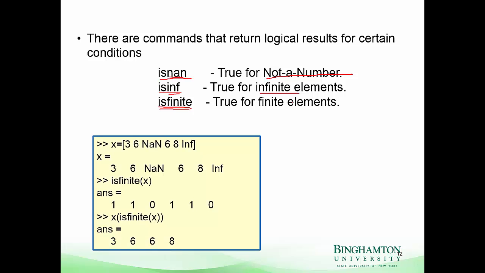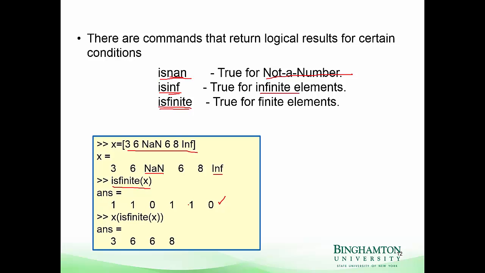So here's a way to use that. Here I am just typing it in, but suppose I got that result from some computation, and subsequent computations will not give me the result I want if they include NaN and inf. So I can extract those out. I can use the command isfinite of x, and I do it explicitly here so that I can see what the logical result is.